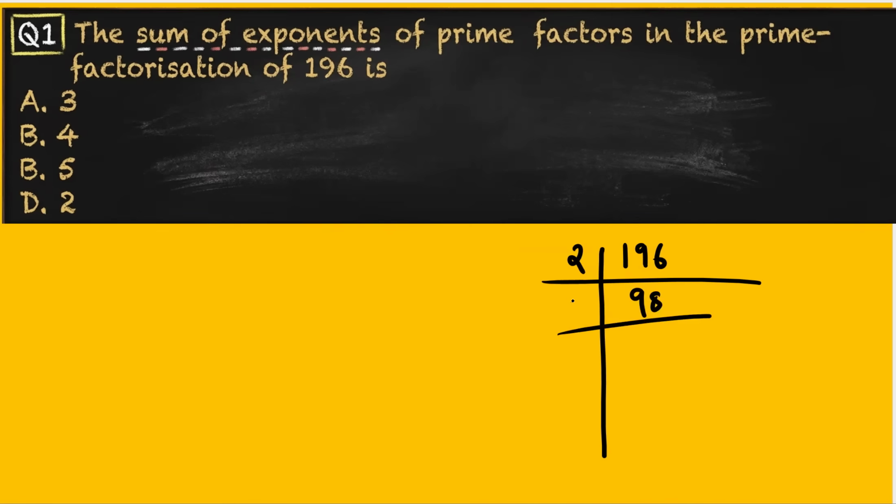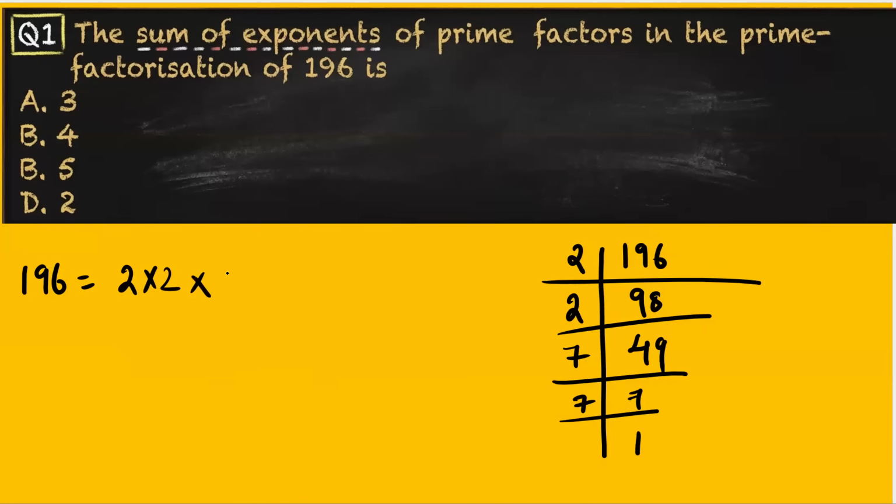If I divide 98 by 2, that will be 49. And then 7 times 7 is 49. So therefore, the prime factorization of 196 is 2 multiplied with 2, multiplied with 7 and 7. So I'll write it in exponent form.